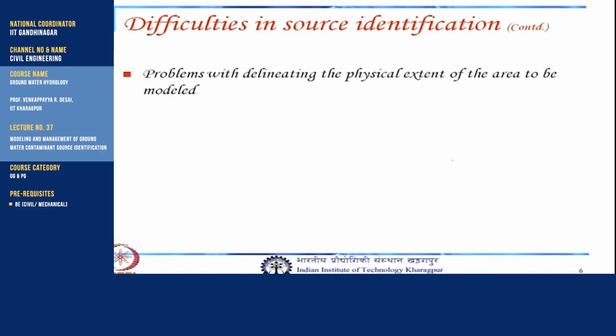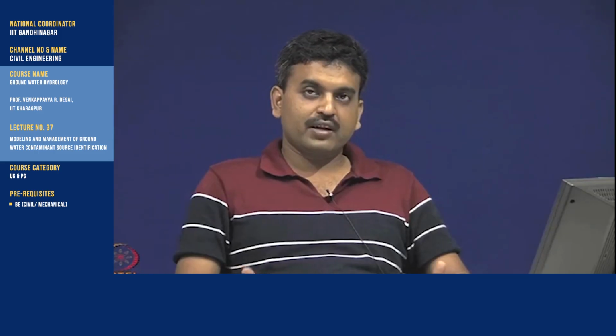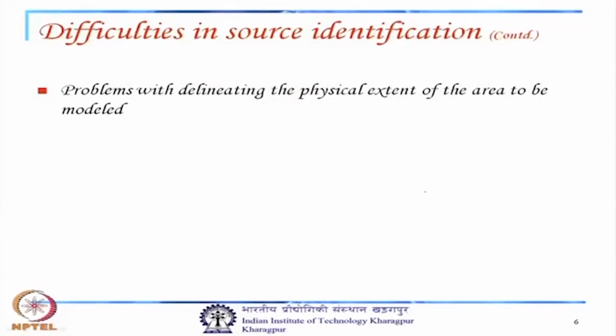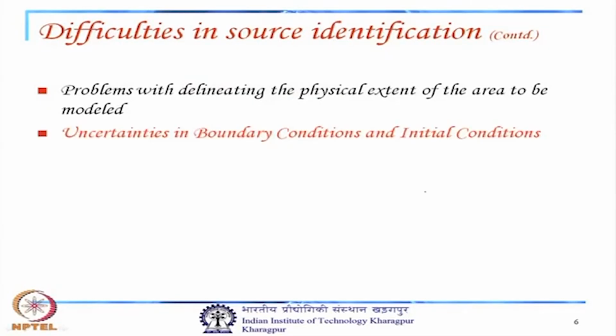So, other difficulties: problems with delineating the physical extent of the area to be modeled, because we need to have certain kind of limitation in terms of delineating the physical extent of the area. Uncertainties in the boundary conditions and initial conditions.